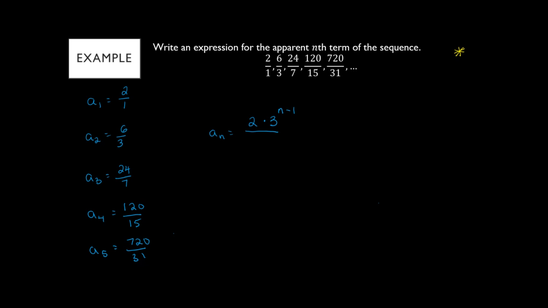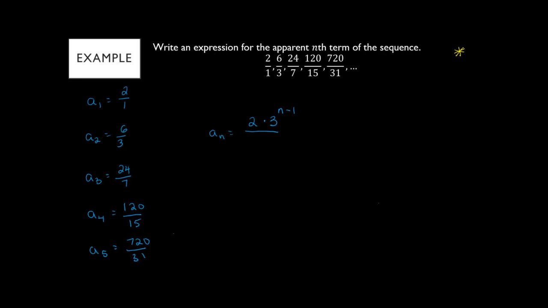So now I want to test this out. Does this work for n equals 3? Do I get 24? So for n equals 3, we'd have n minus 1, which is 2. We get 3 squared, which is 9, and then 9 times 2, which is 18, not 24.